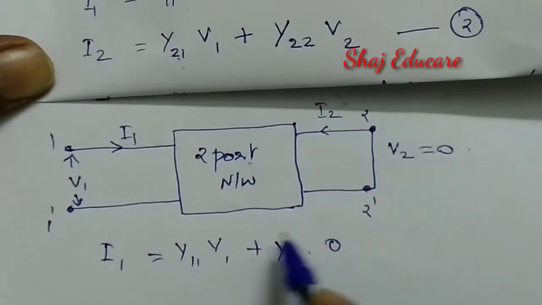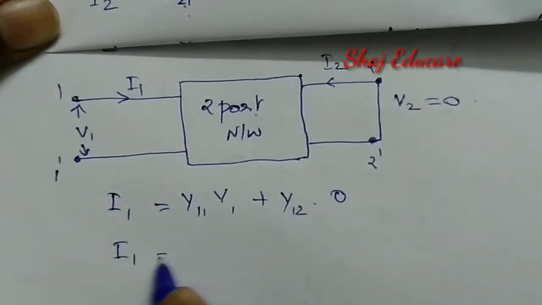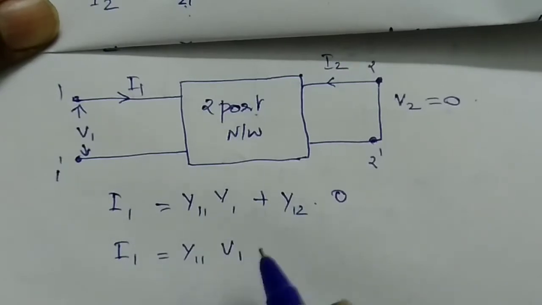So the entire second term will vanish and the remaining term will be I1 equal to Y11 V1.